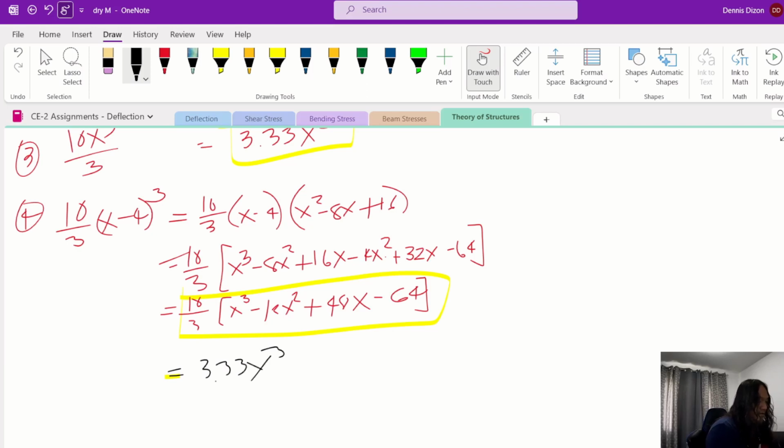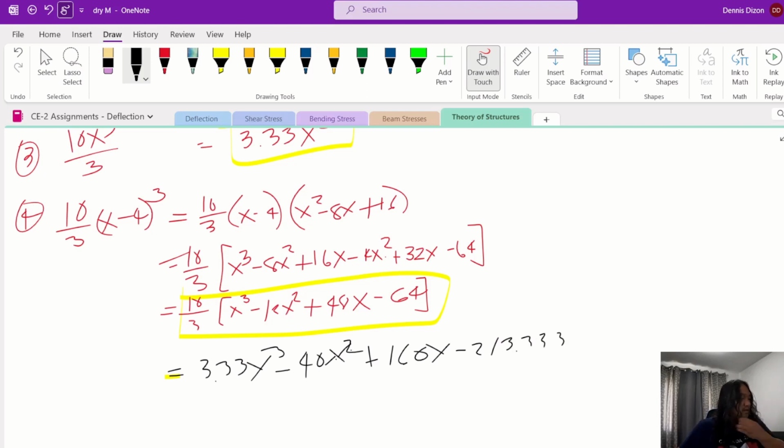And then 10 times 12 over 3 is minus 40x squared, right? And then 48 over 3 times 10 is plus 160x. And then 64 over 3 times 10 is minus 213.33. So that is our equation 4.